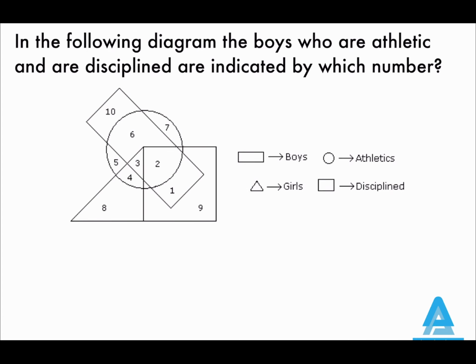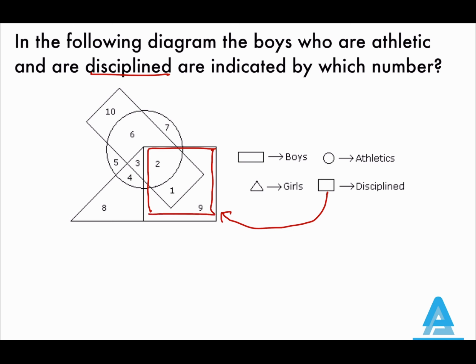In the following diagram, the boys who are athletic and disciplined are indicated by which number? So first of all, find out who are disciplined. Disciplined here is given by square. So this whole square is disciplined.